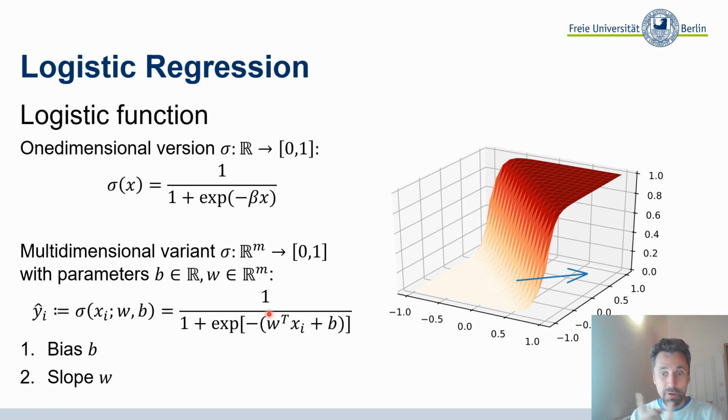Because they are perfectly in line, or x is really far in this direction, then this expression is 1 over 1 plus e to the minus something very big. So this will be 0 here. So this approaches 1. Yeah, and this is what you see. So the plateau here is for all the different vectors that point into directions with a positive dot product.